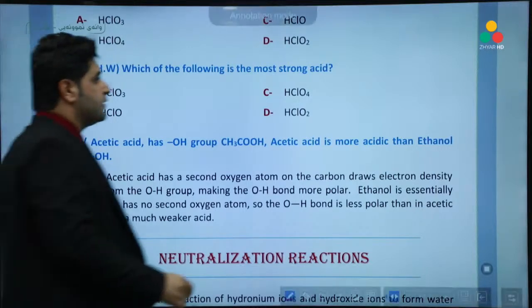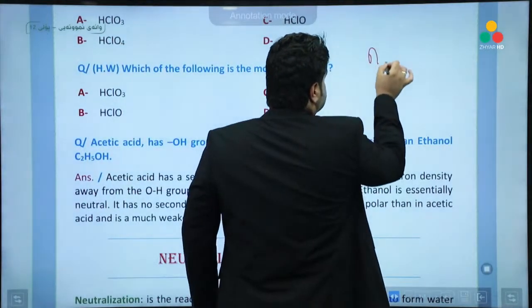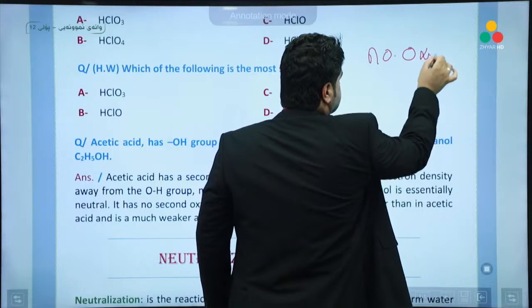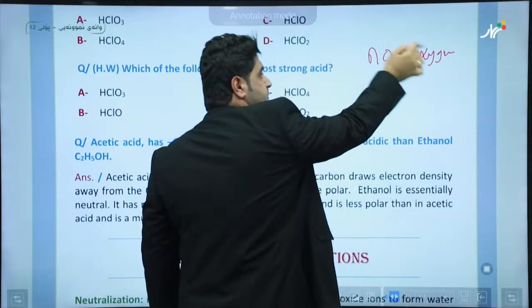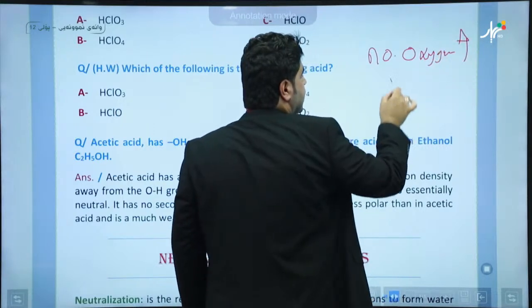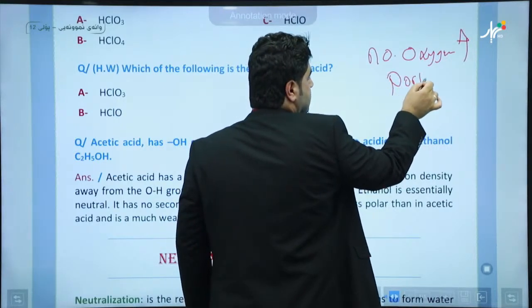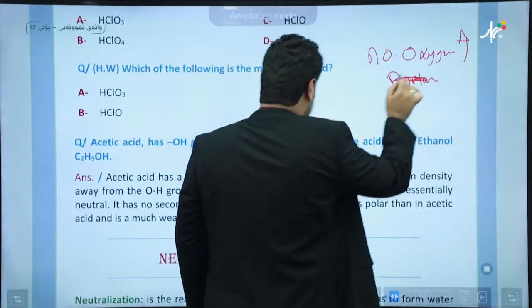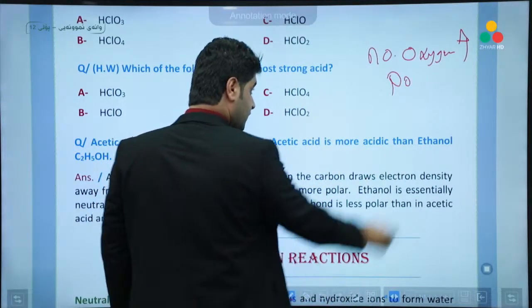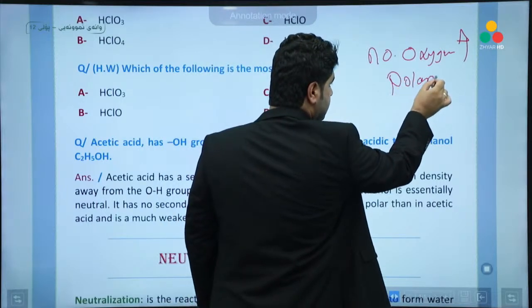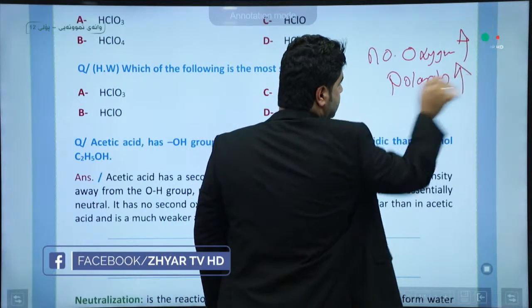Look, number of oxygen. If we increase the number of oxygen, the polarity will increase.